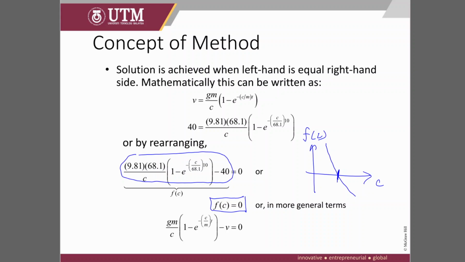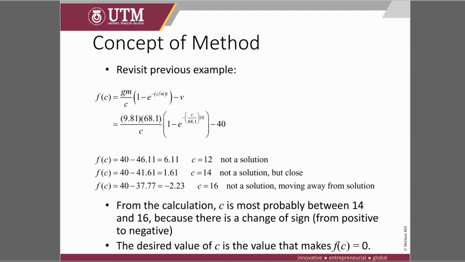This is the root, or the solution, of this equation here. So we can write in general this way. Okay, so now we know how to do it. All right, so let's move to the next slide.